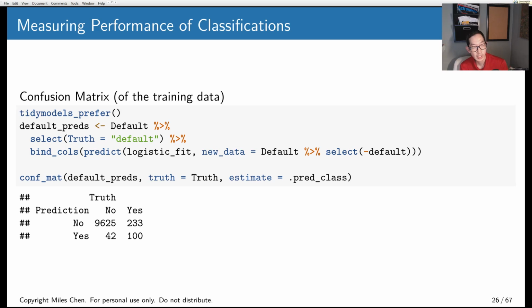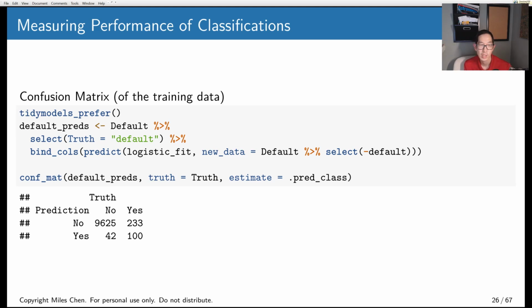We can create a confusion matrix of the available training data. What a confusion matrix shows is what you predicted and what the actual result was. So we can go through all of the data available to us and say, based on the balance, this is my prediction for whether the person defaulted or did not default, and then this is what the data shows, that they actually did default or did not.